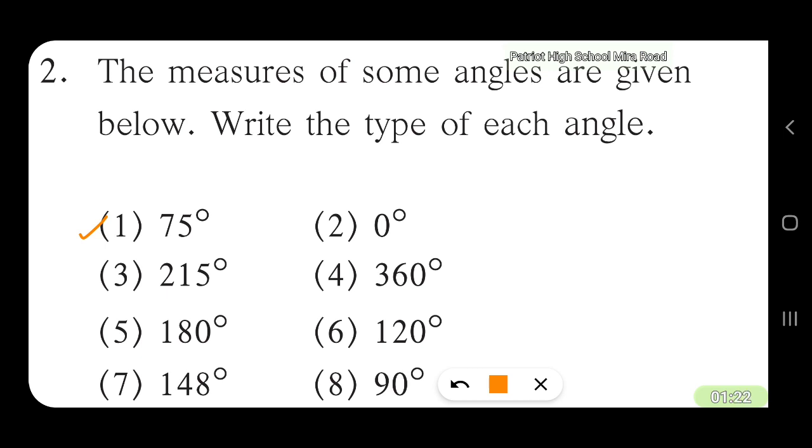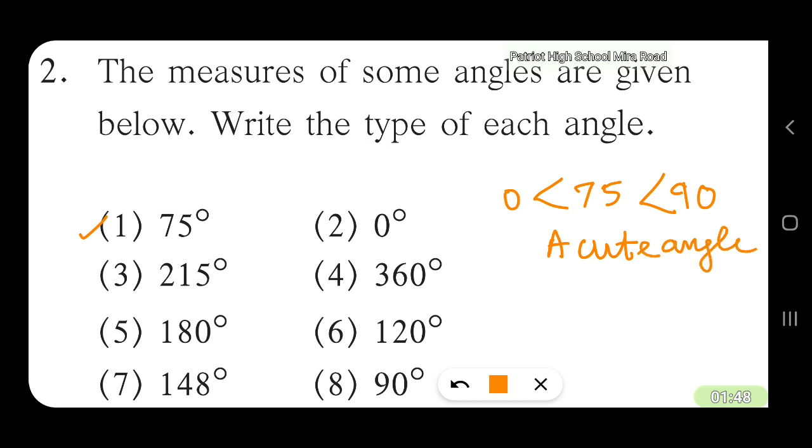It is more than 0 degrees, and it is less than 90 degrees. So 75 degrees is more than 0, but it is less than 90 degrees. So it is an acute angle. 75 degrees is an acute angle.